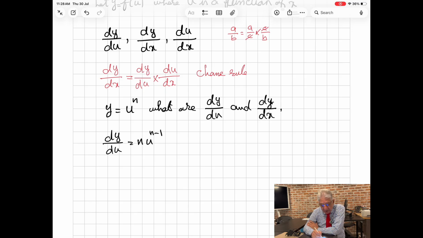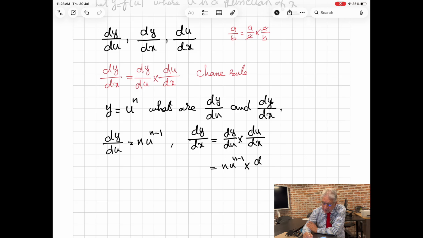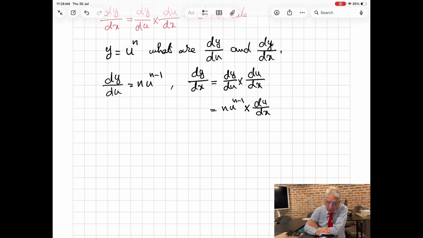That means rate of change of y with respect to u is this, n u to power of n minus 1. But what is dy by dx? If you are writing dy by dx, by this, you can say this is dy by du times du by dx, which is n u to power of n minus 1 times du by dx.